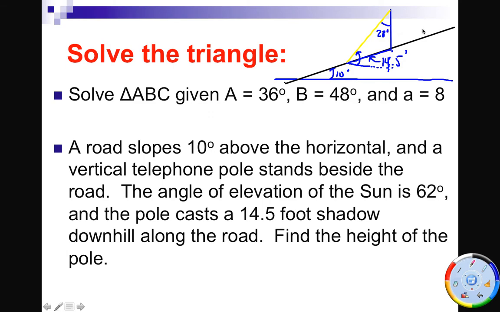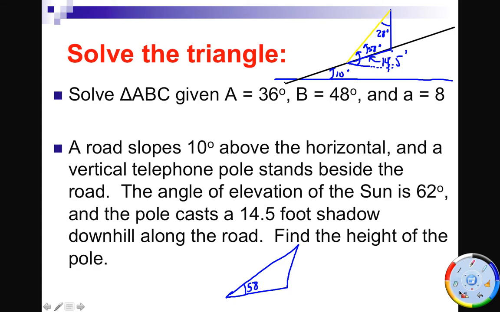All right. And the rest of the math is actually not hard. If the angle between this line and this line, the black line here, is 10 degrees, that means the angle inside the triangle is 58 degrees. So now we actually have a triangle with enough information. We have an angle here of 58. Sorry, not 58.